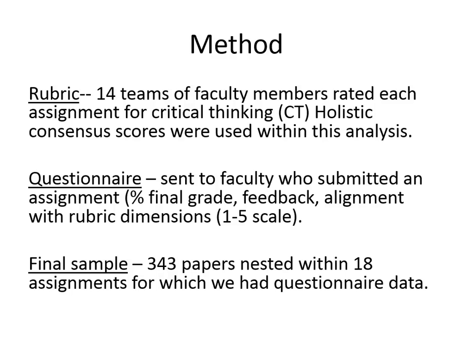Did it receive feedback prior to submission? And to what extent do you believe that this assignment aligned with the analytic dimensions of the rubric? In our final sample, we had to cut some of this out due to small n, but in our final sample we had 343 student papers that were scored for critical thinking, and these papers were nested within 18 assignments.